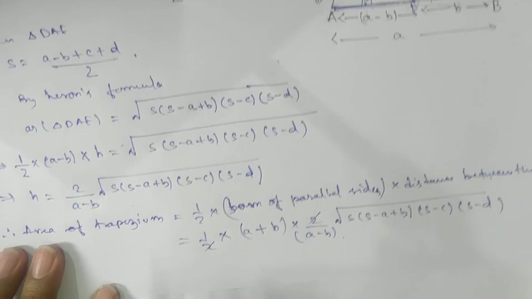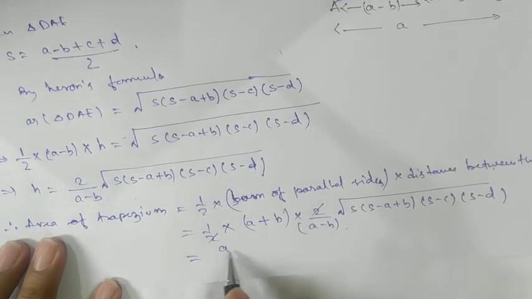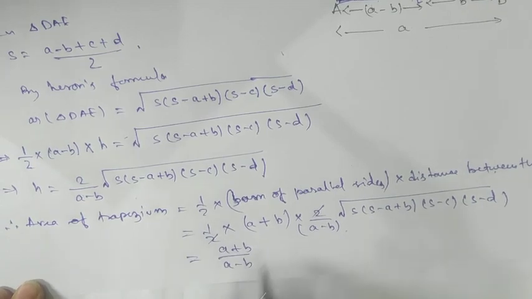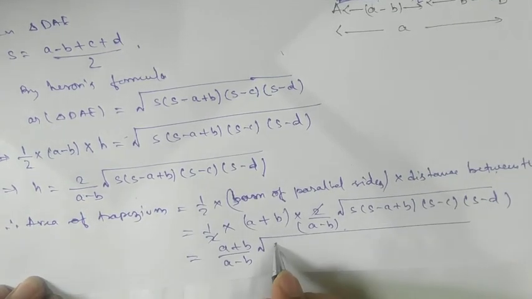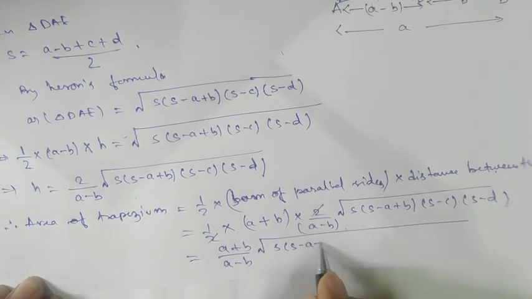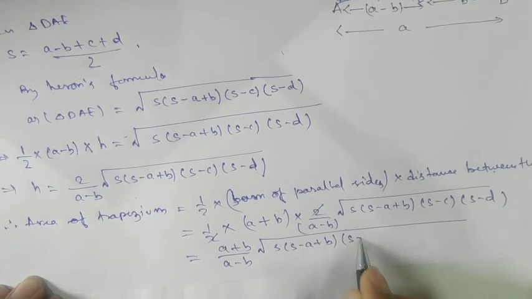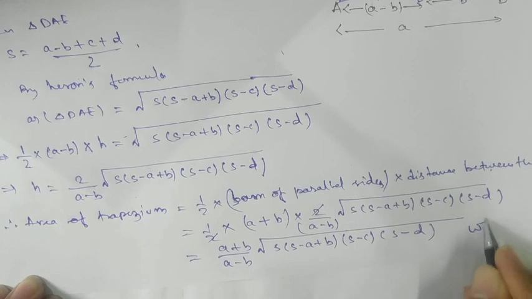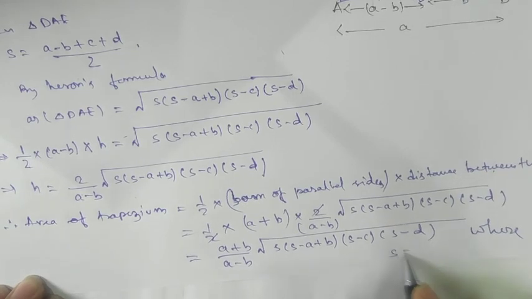Now 2 cancels, and you have the formula (a plus b) by (a minus b) root over s into (s minus a plus b), (s minus c), (s minus d), where s equals what?